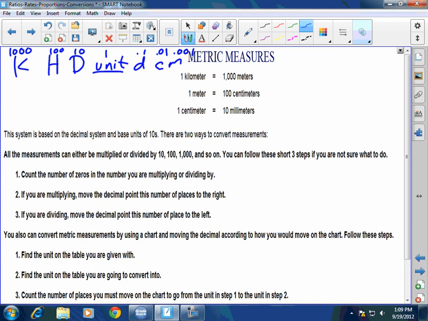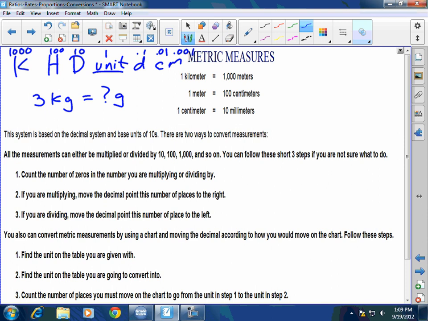So, the way they do it is as follows. Okay? If I have 3 kilograms, and I want to know how many grams that is, this gets very, very confusing in my opinion, this first way I'm going to teach it.